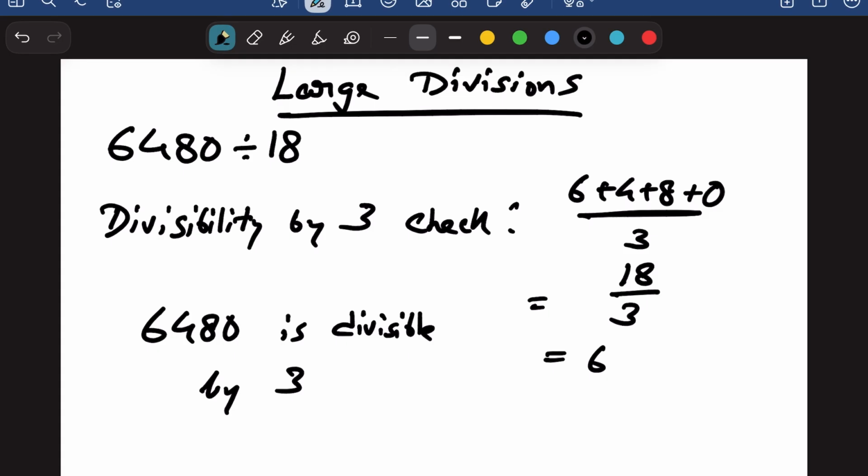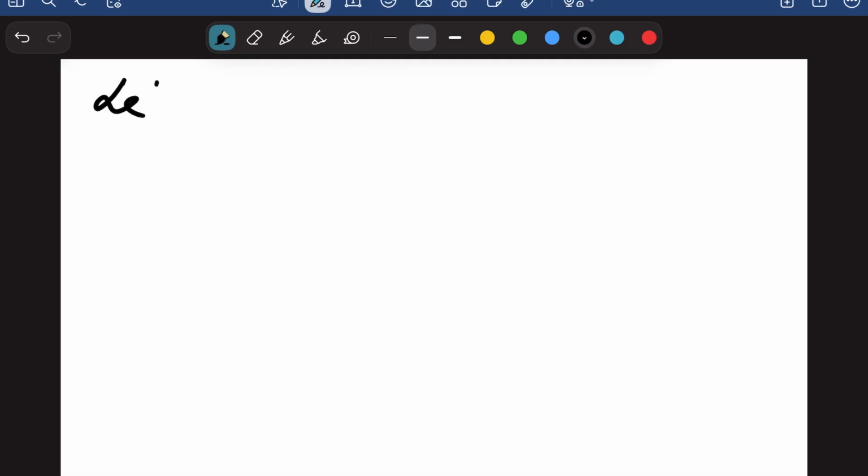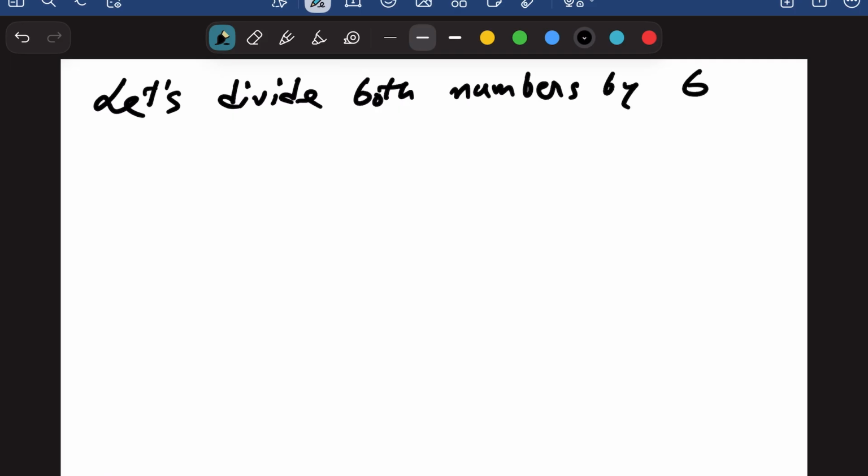But if a number is divisible by both 2 and 3, that means that number is also divisible by 6. So then we can say that 6480 is divisible by 6, and the number 18 is also divisible by 6. So let's divide both numbers by 6.